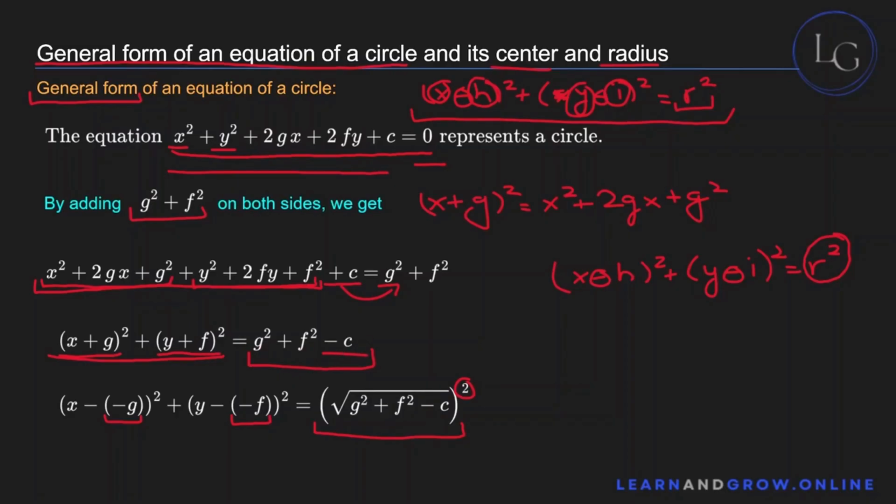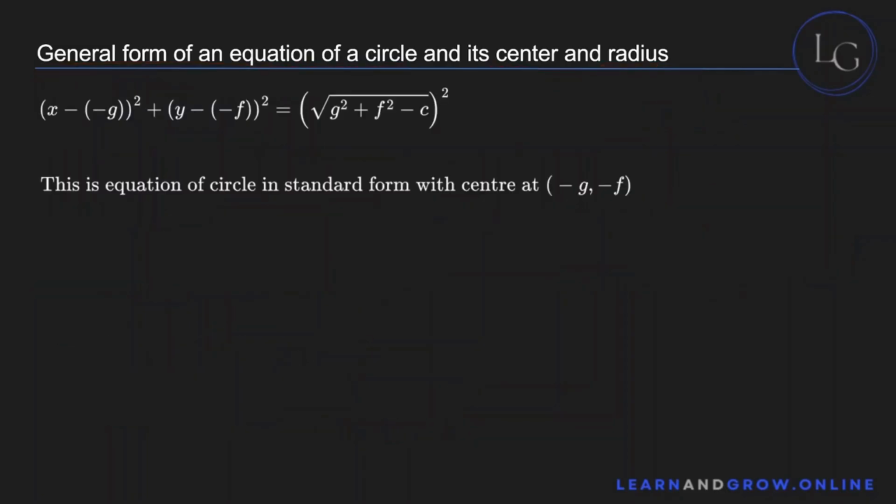Now you have this, and from this, if you remember the general equation, which was this, right? This h corresponds to this negative g, and this k corresponds to this negative f, and this r corresponds to this square root of g square plus f square minus c, right?